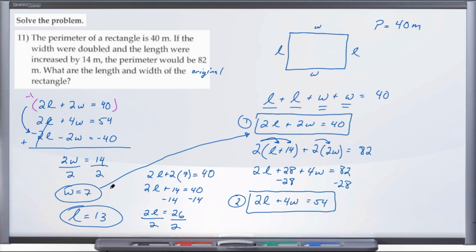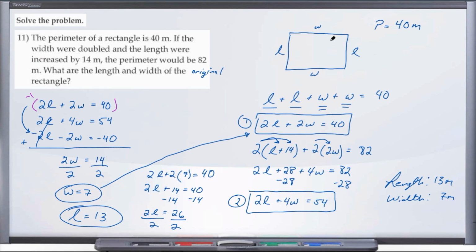And if we went ahead and tested to see whether or not this is true, let's find out. So the length is 13 meters, and the width is 7 meters.